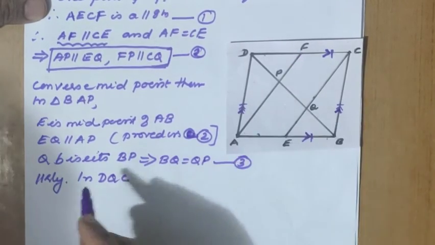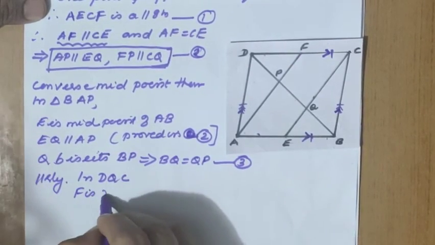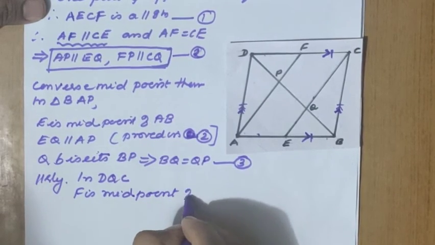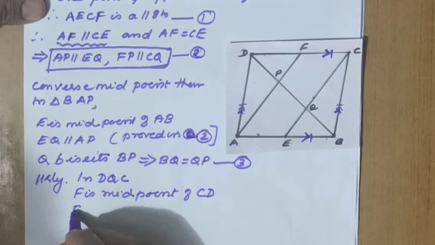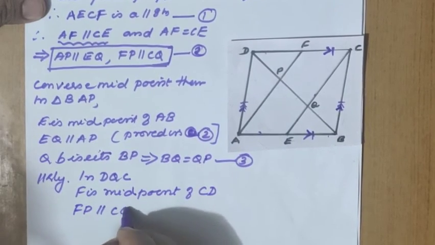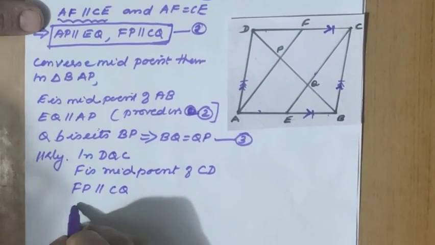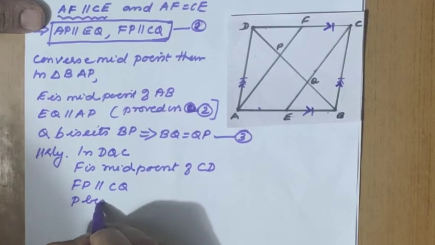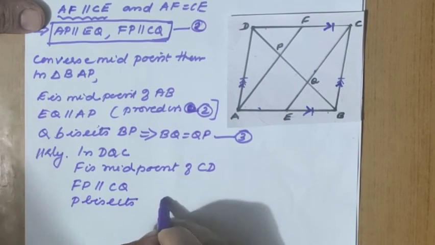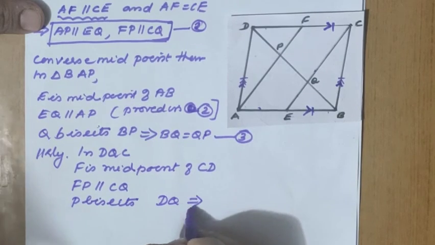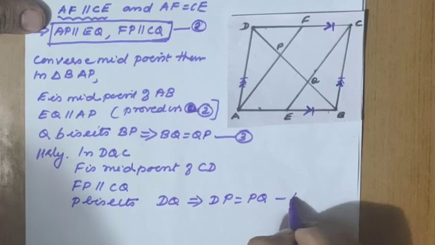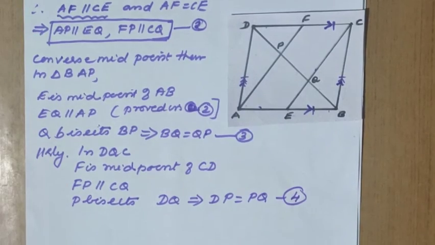F is the midpoint of CD. FP is parallel to CQ. So P bisects the third side DQ, implying DP equals PQ, equation number 4.